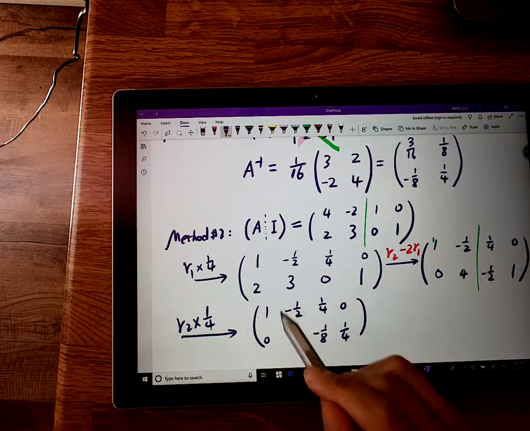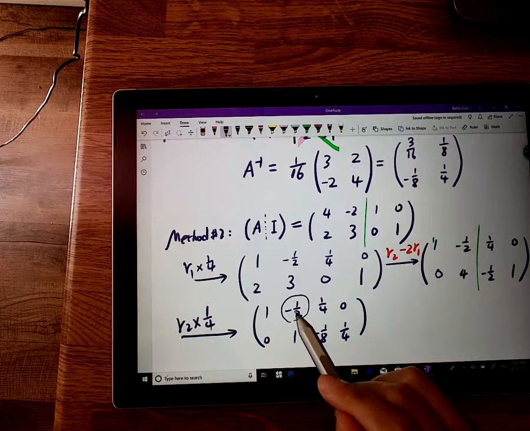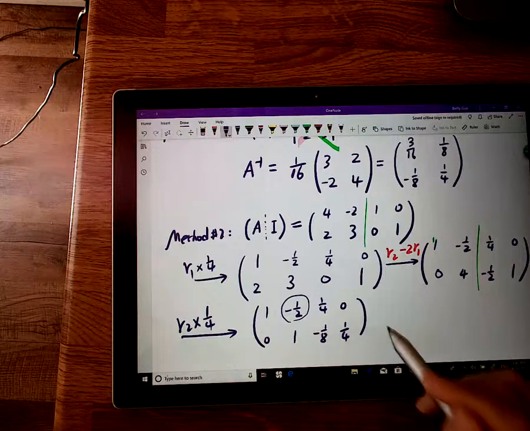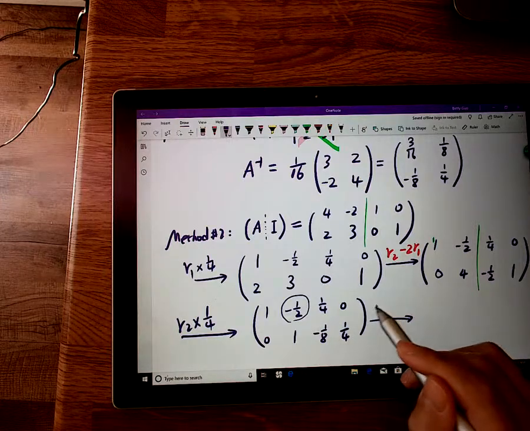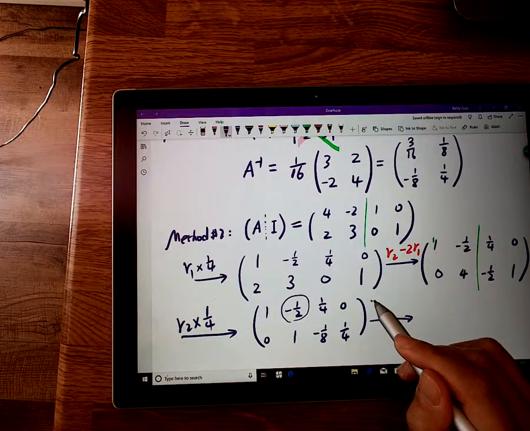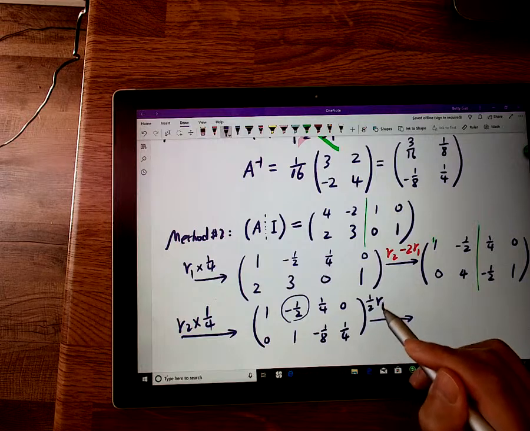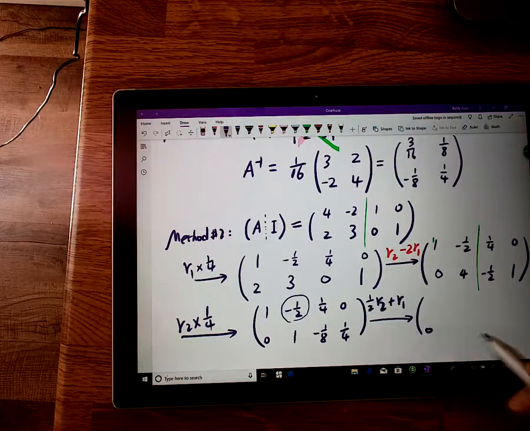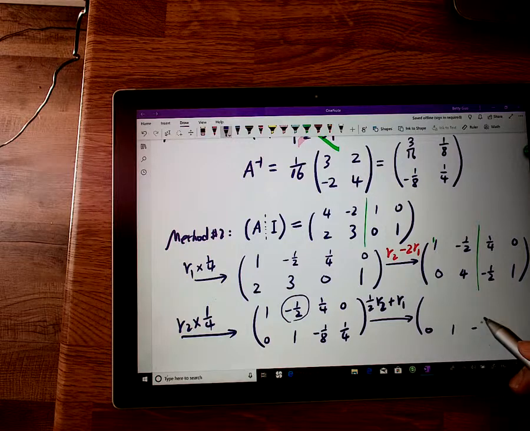So we only have one thing here to complete the process. We want that entry to be 0. In order to reach that goal, we multiply row 2 by half and add it to row 1. Be clear that row 2 will not be changed.